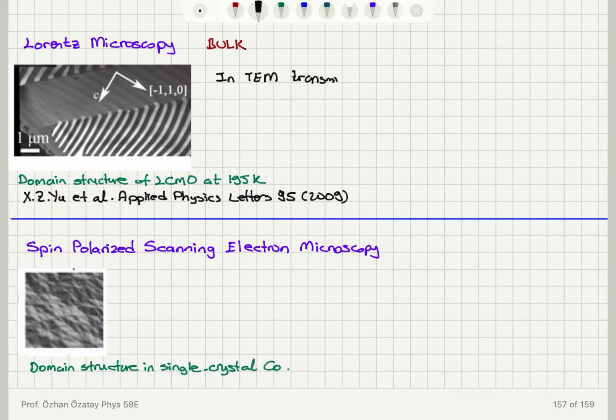Transmitted electrons are deflected when subjected to local magnetic field gradients.